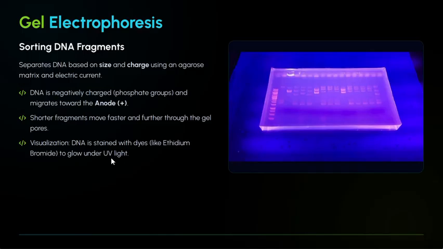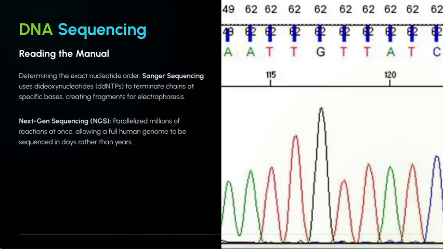And to visualize this, DNA is also stained with dyes like ethidium bromide to glow under UV light, as you can see here. Next, we can talk about DNA sequencing right here. So, determining the exact nucleotide order, Sanger sequencing uses dideoxynucleotides, ddNTPs, to terminate chains at specific bases, which creates fragments for electrophoresis.